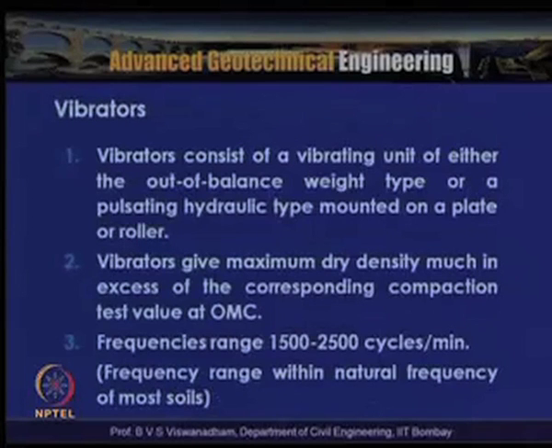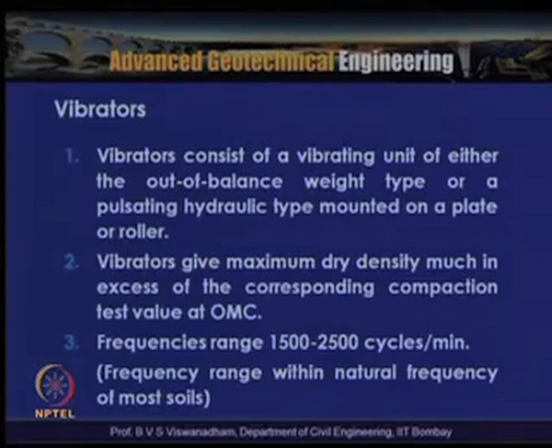So vibrators consist of a vibrating unit, either the out of balance weight type shown in the previous slide or a pulsating hydraulic type, mounted on a plate or a roller.